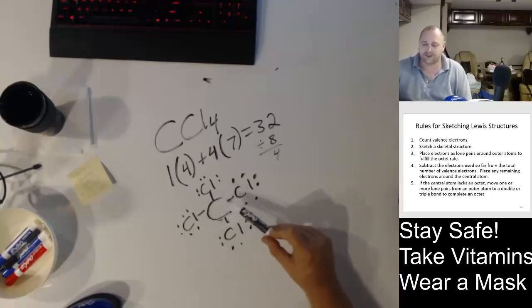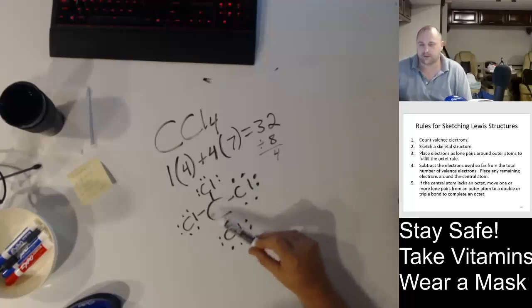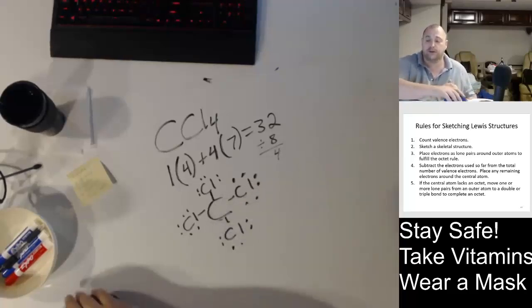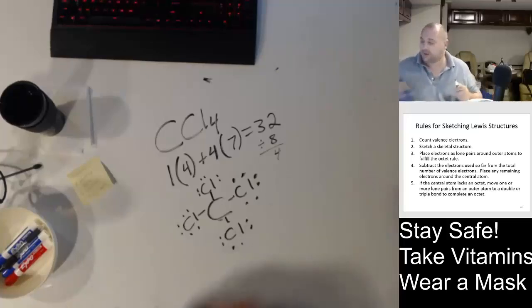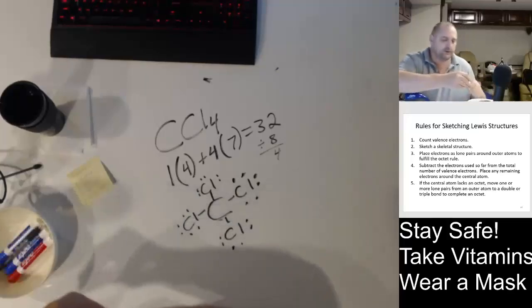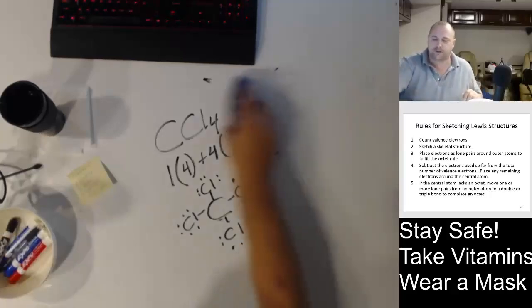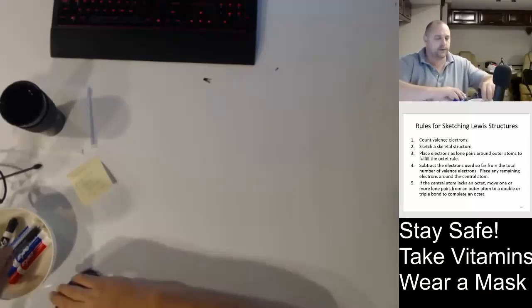That's 8 electrons. Carbon's happy. Each of the chlorines is happy. This is done. We don't need double bonds. That's why you save the double bonds until the very end. You only use them if you have to.